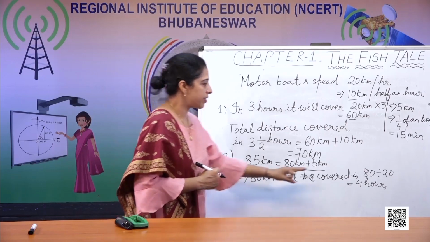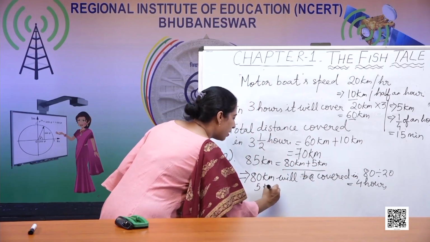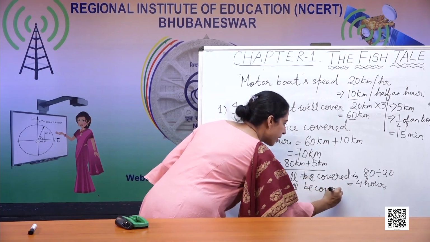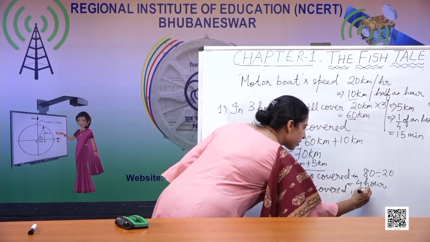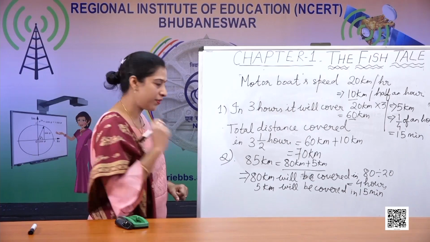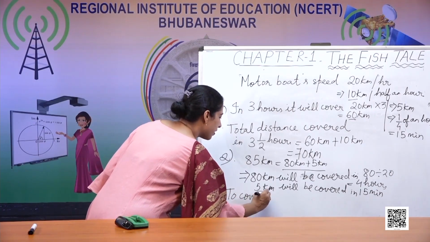So 80 kilometers is covered in 4 hours. Another 5 kilometers will be covered in 15 minutes. So what is the total time taken for covering 85 kilometers?